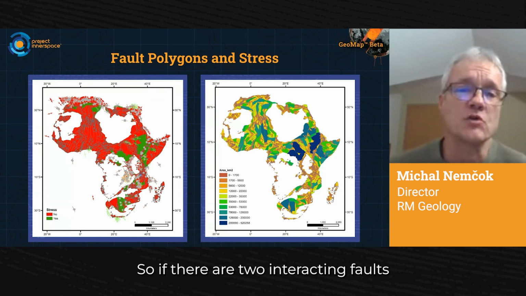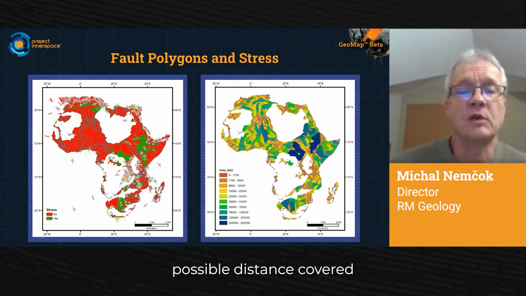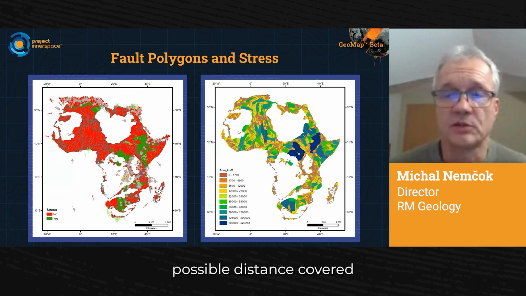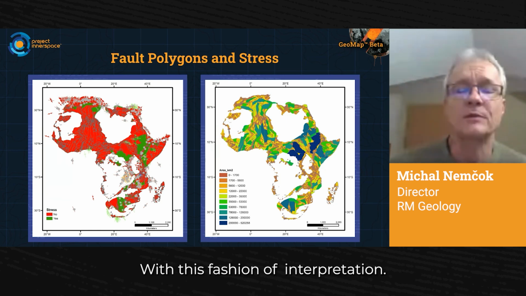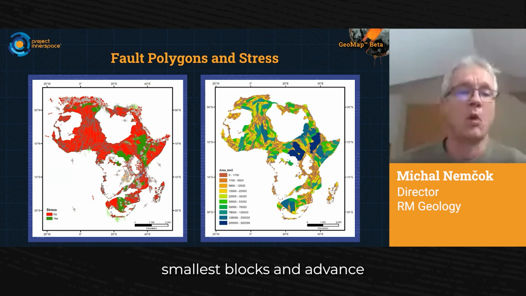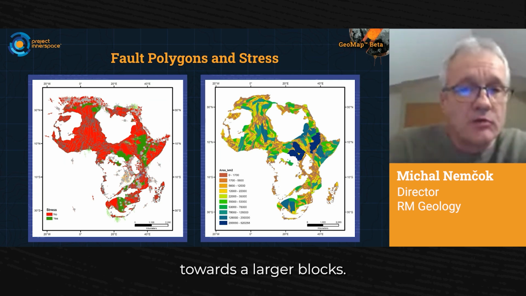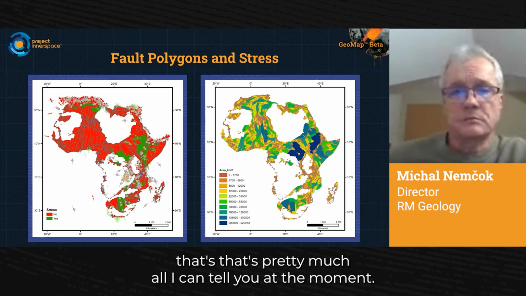So if there are two interacting faults, linkage between them would be the closest possible distance covered. With this fashion of interpretation, we started with the smallest blocks and advanced towards larger ones. And I think that's pretty much all I can tell you at the moment.